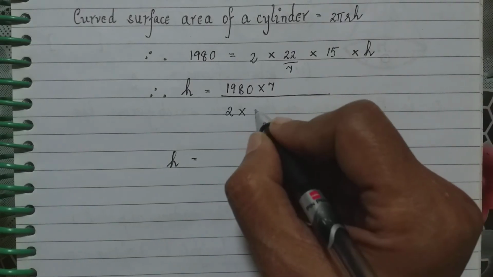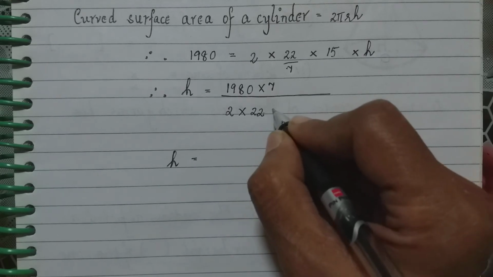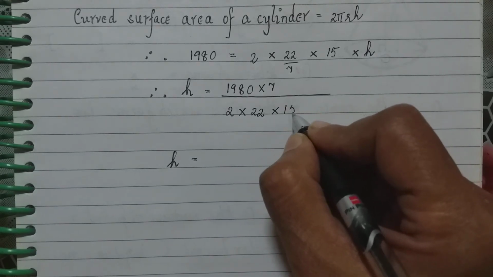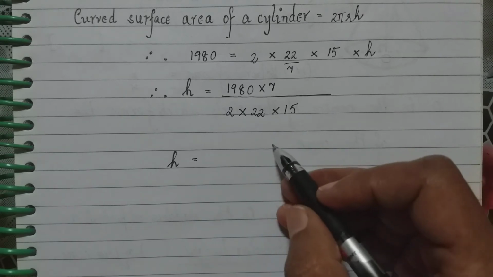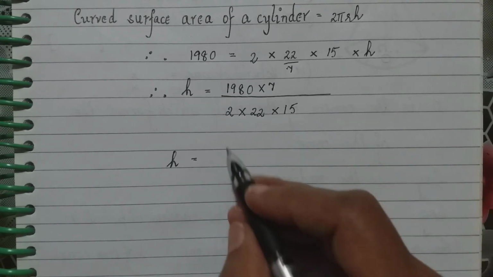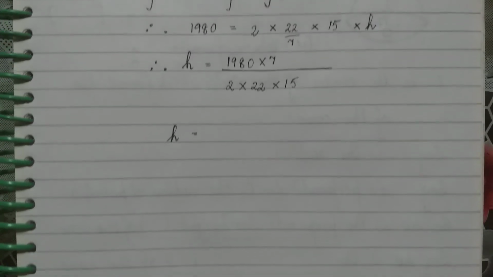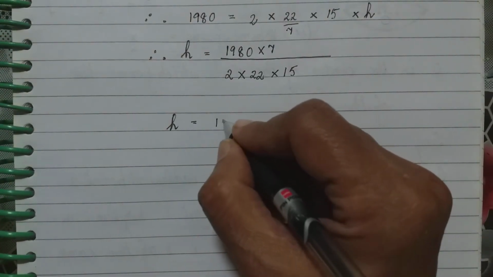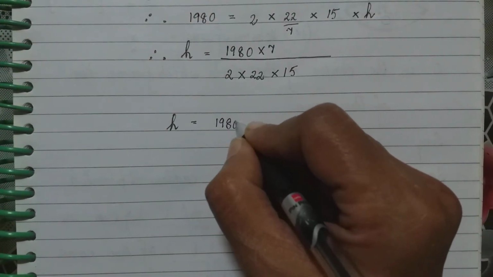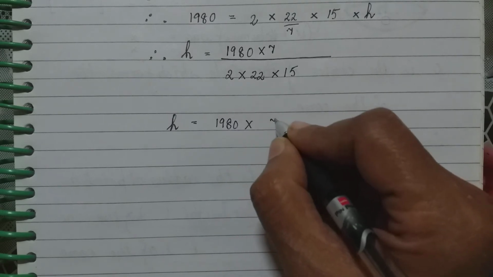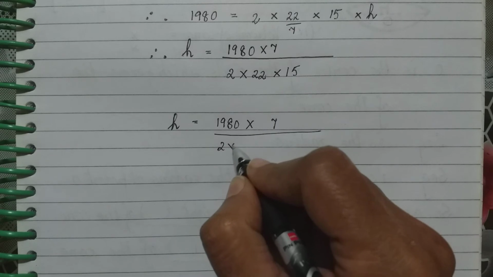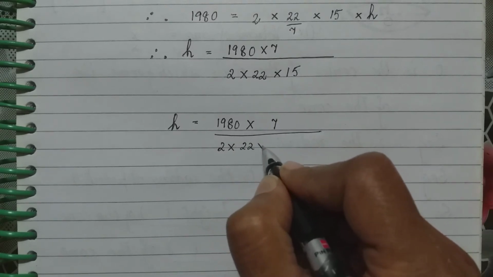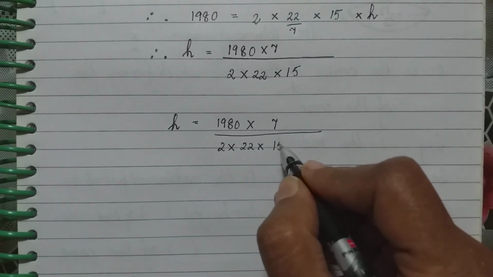Then we will simplify further. So H is equal to 1980 into 7 upon 2 into 22 into 15.